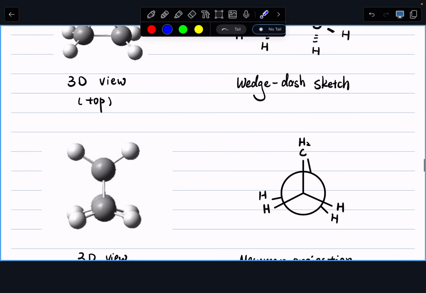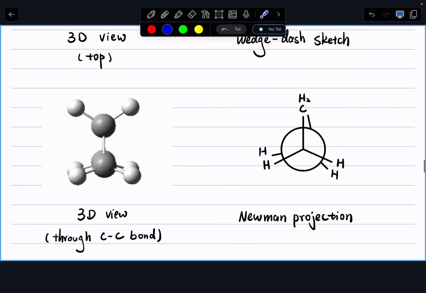Or if you look at the side view of your cyclopropane, you can draw it from the Newman projection perspective, looking through this carbon-carbon bond. All of my hydrogens are eclipsed with each other, and my top carbon is making a bond with the bottom carbon, and that's how you draw it.